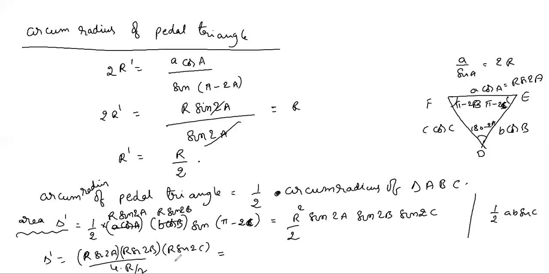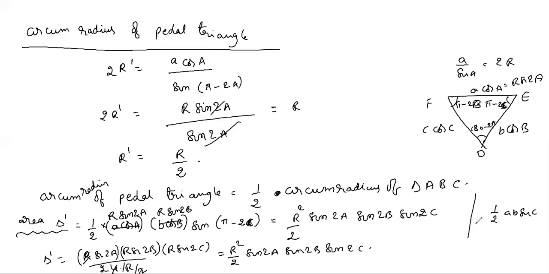The R cancels, the 2 cancels, and we get R square by 2 into sin 2A, sin 2B, sin 2C. So this is the area of the pedal triangle.